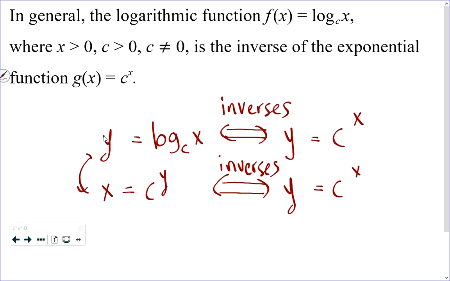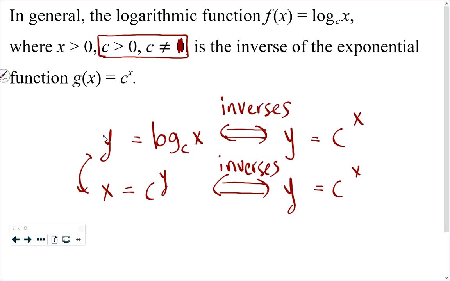What am I talking about here? Well, I'm going to start off with that. C is greater than 0 and C is not equal to, oh boy, do you have C is not equal to 1 on your handout? Good. When I retyped this, I made a mistake. This is C is not equal to 1. This is that same thing that we've talked about before with exponential functions.